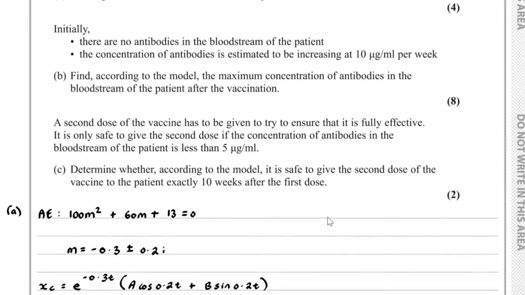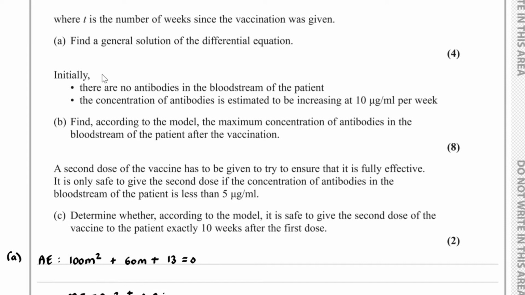Now for part B of the question, initially there are no antibodies in the bloodstream of the patient, and the concentration of antibodies is estimated to be increasing at 10 micrograms per milliliter per week, and we have to find, according to the model, the maximum concentration of antibodies in the bloodstream of the patient after the vaccination. Well, here we've got initial conditions.